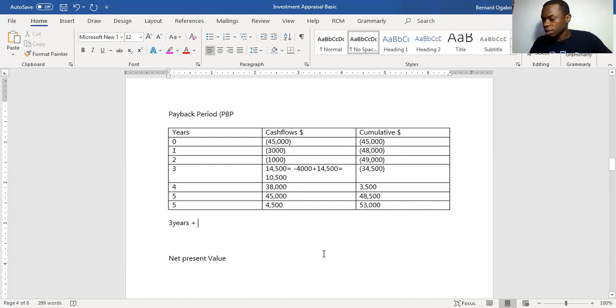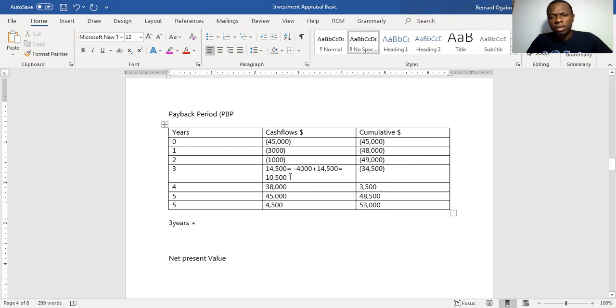So I ask myself, if I have 45,000 to recoup, and I now have 10,500 in the third year, how much more do I need from this income in the fourth year to make my 45,000?